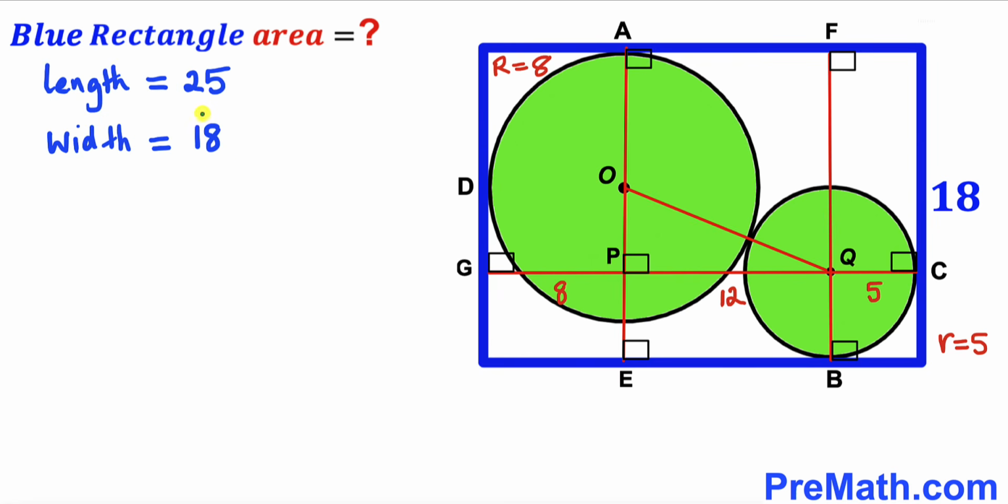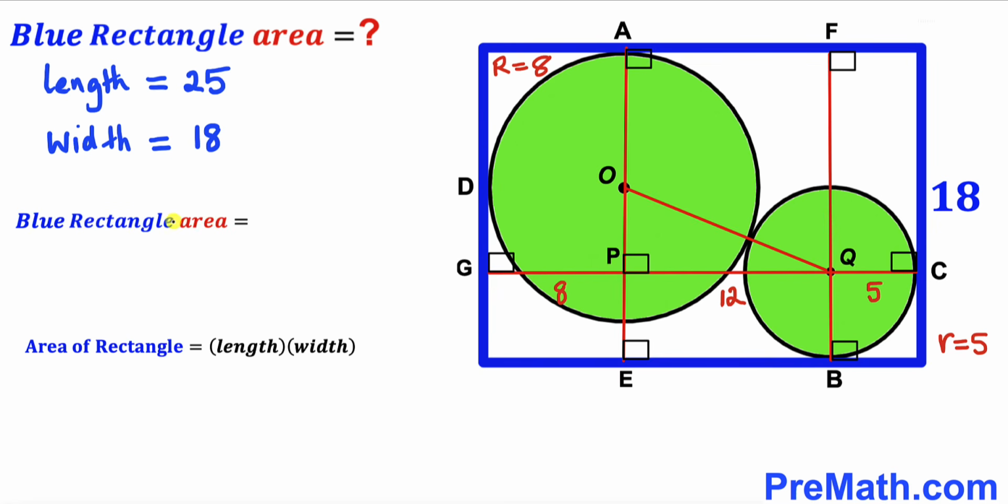And we know the width of this blue rectangle is 18. Here's our final step. Now we are going to calculate the area of this blue rectangle. Let's recall once again the area of the rectangle formula. Area is always equal to length times the width. So this blue rectangle area is going to be our length 25 times our width 18.